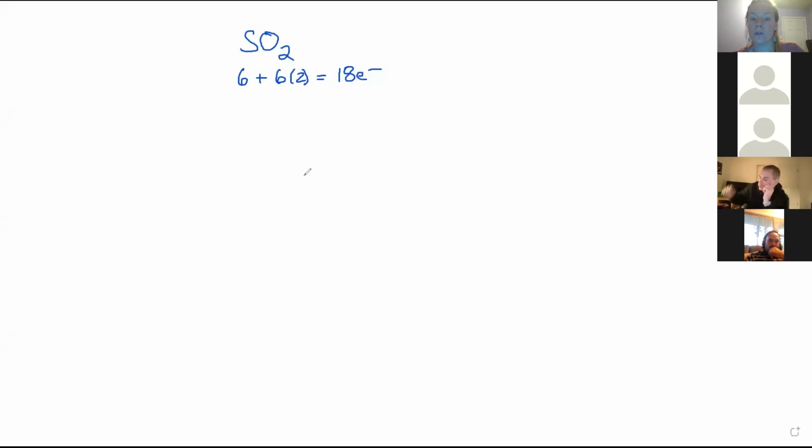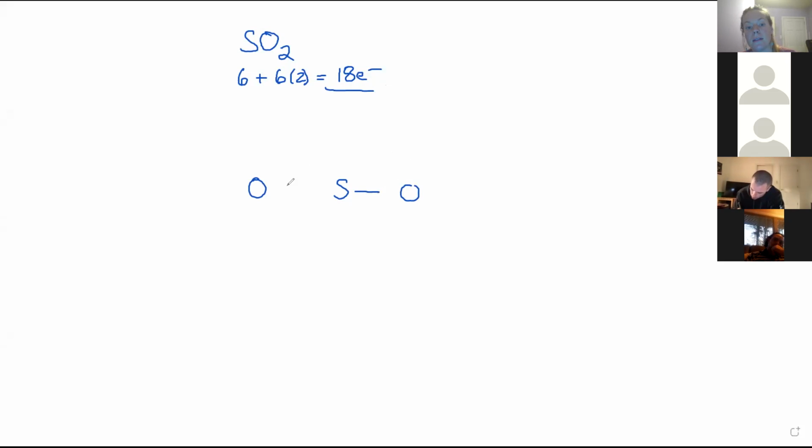I am going to make my skeletal structure. So sulfur is going to go in the center and oxygen is going to go on the sides. Anyone have questions on that? You feel like that's kind of what you would do? We've got a balanced skeletal structure and we counted up our valence electrons. We're going to follow the same system of sticking it together and then making the outer guys happy.